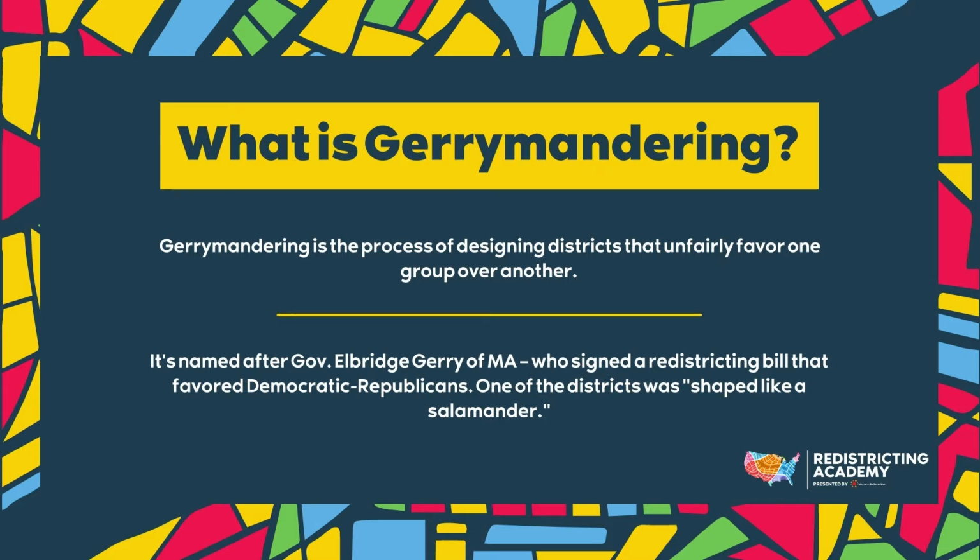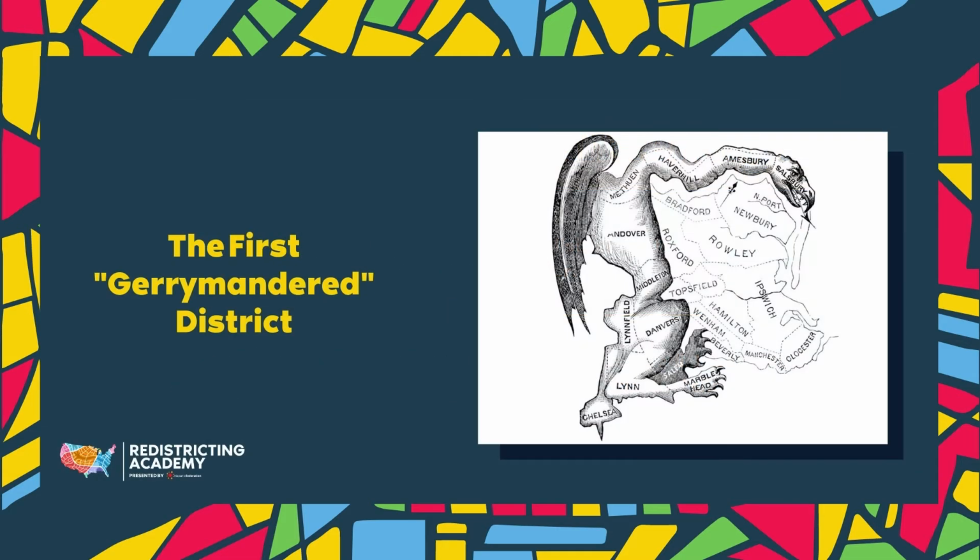And the reason why they ended up calling it gerrymandering is because someone said that the district was shaped like a salamander. So if you see here on this slide, this is the actual design that came out and was published in the newspaper all the way back then that created the word gerrymandered. So this word came out of a political satire against a governor of Massachusetts.